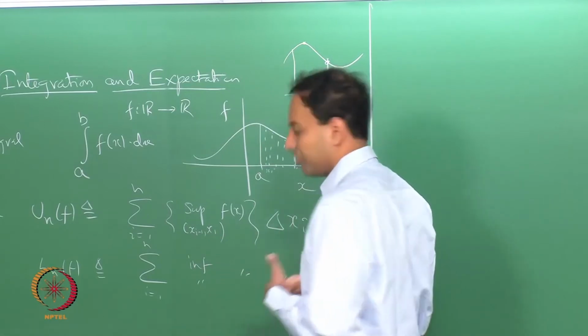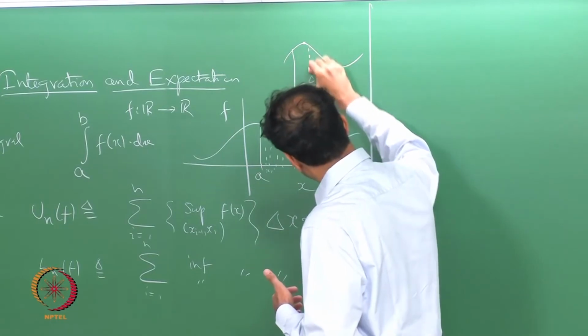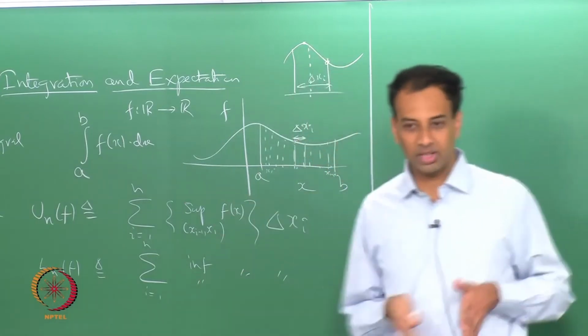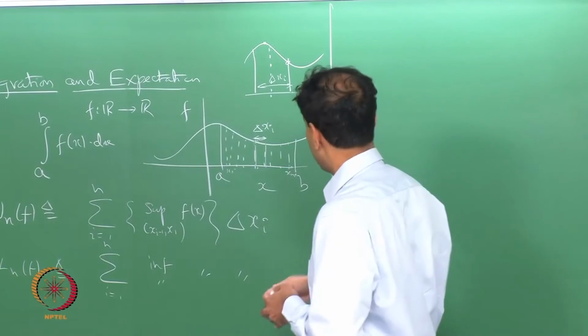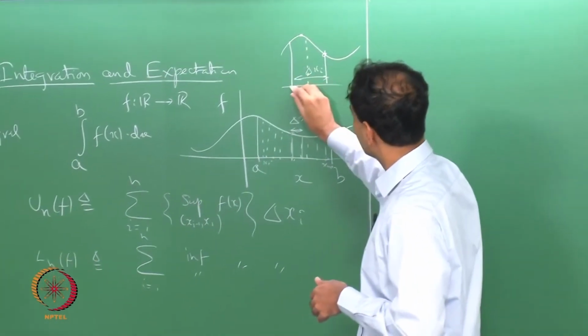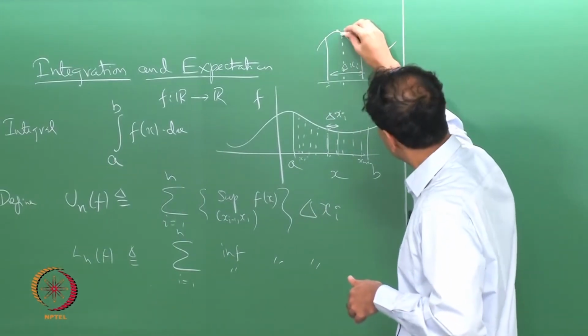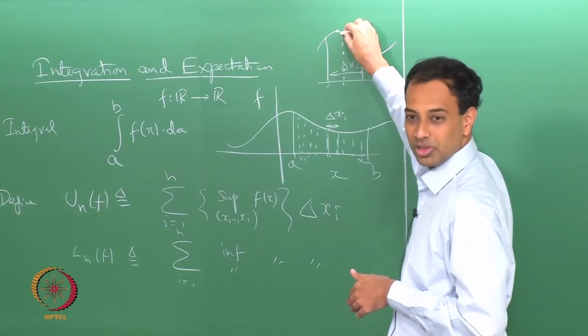So, in the supremum I will substitute that value for this particular interval, right. However, if I create a finer partition with a larger n, so let us say I will have a further partition of this. Now, what will happen is for this partition I will have that as my supremum, but for this interval I will have a lower value as my supremum, right.